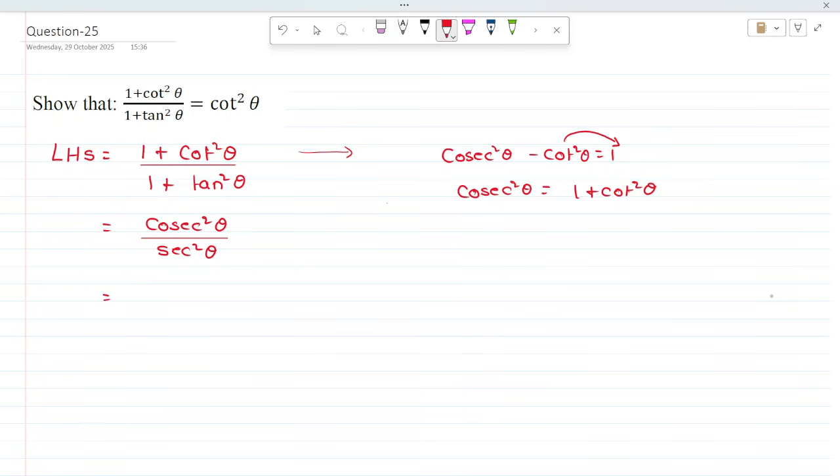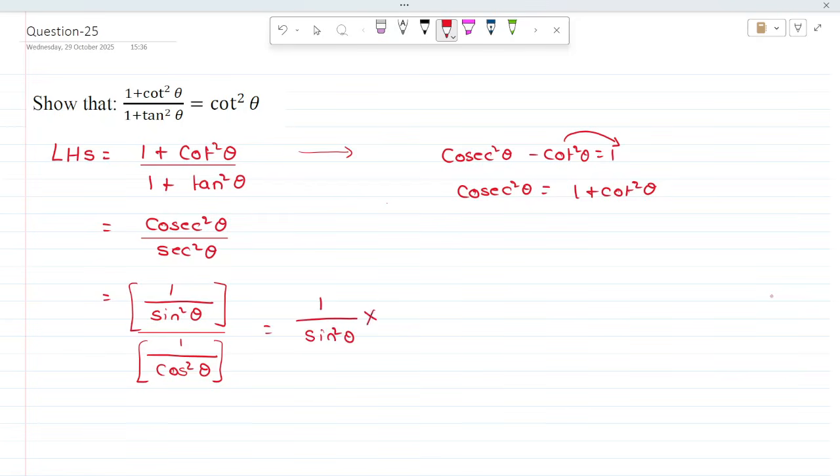Observe very carefully. Cosecant can be written as 1 by sin square theta. Secant can be written as 1 by cos square theta. So it is fraction divided by fraction. How will you write? 1 by sin square theta into, you have to reverse the denominator fraction, so it will become cos square theta by 1.